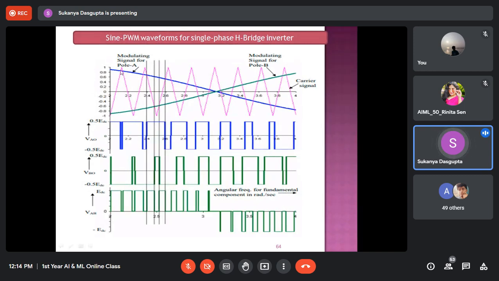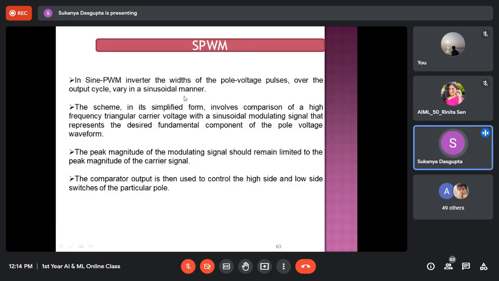So this pink colored waveform is a triangular one, which is a carrier signal at very, very high frequency, right? And this blue colored or green colored signals are the modulating signals. Here, these are sinusoidal signals because this is a sinusoidal pulse width modulation technique or SPWM technique, the widely used technique in all types of power electronics converters nowadays.